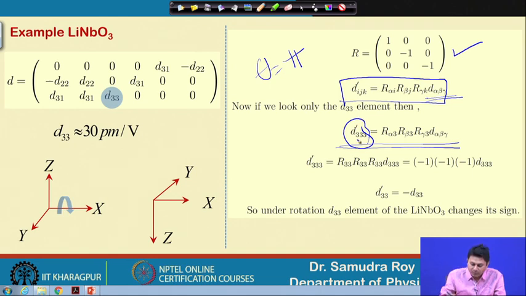So, once I put D33, I need to put ijk equal to 3, 3 and 3, then I put alpha 3, beta 3 and gamma 3, and alpha, beta, gamma should be summed over, taking the values 1, 2, 3 in all cases. But we find that the R matrix is such that only the diagonal elements are there; all the other elements are 0.